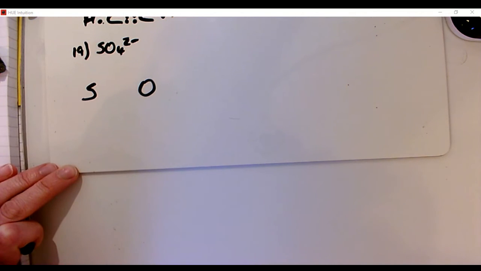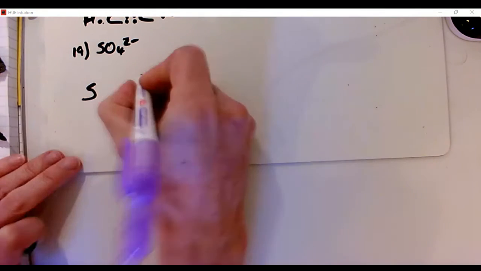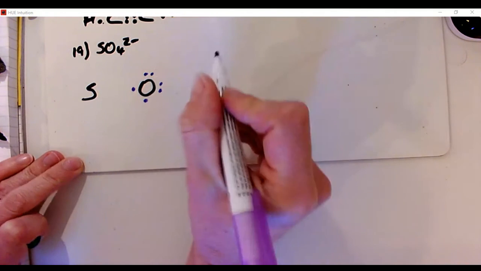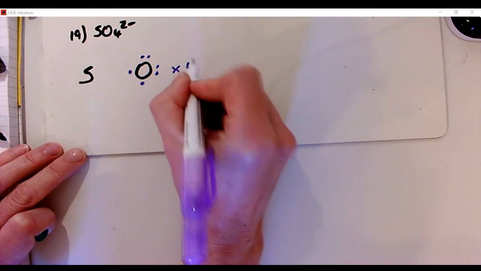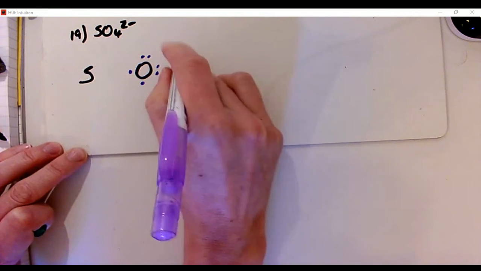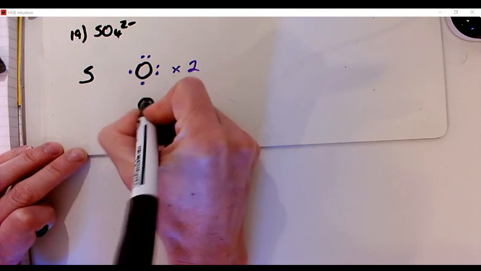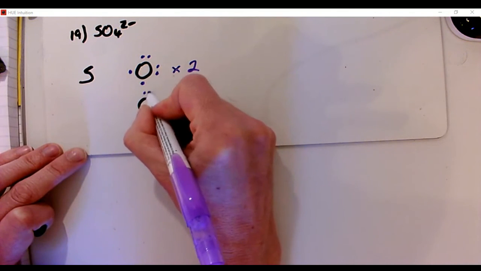Actually in this instance, I think the best way to work this out is to draw four of those, and let's put O- in, to make it more obvious why there's some single and some double bonds.